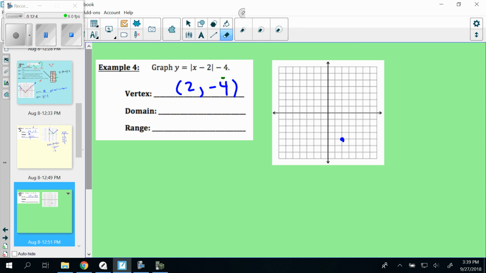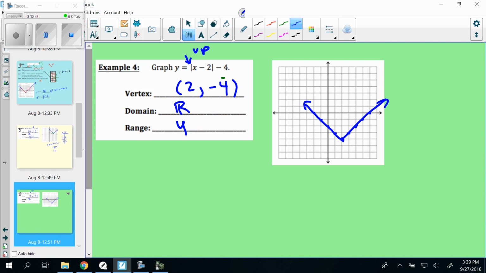If you look at the slope again, it's 1, and we got a 1 opening up because it's positive. So if we go up 1, right 1 on this side, up 1, left 1 on the other side, that's the graph on this one. Okay, domain again, all reals, and this one, our y should be greater than or equal to -4. That's the lowest y value we see.